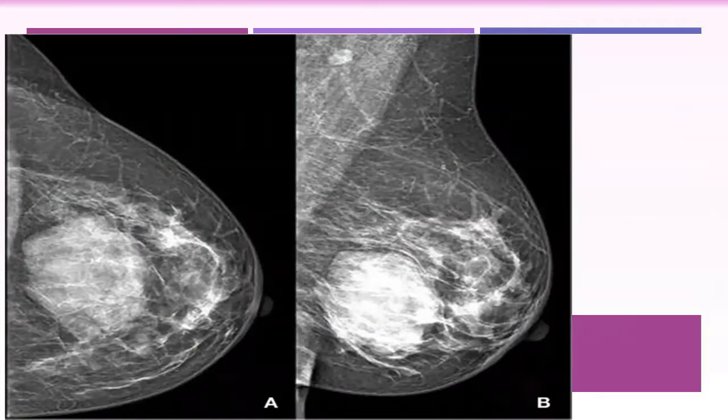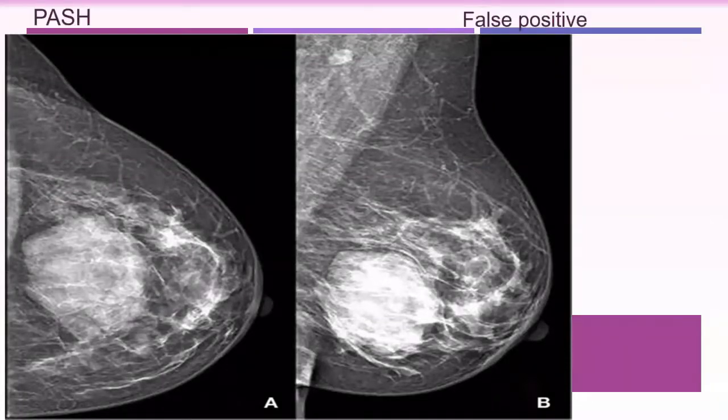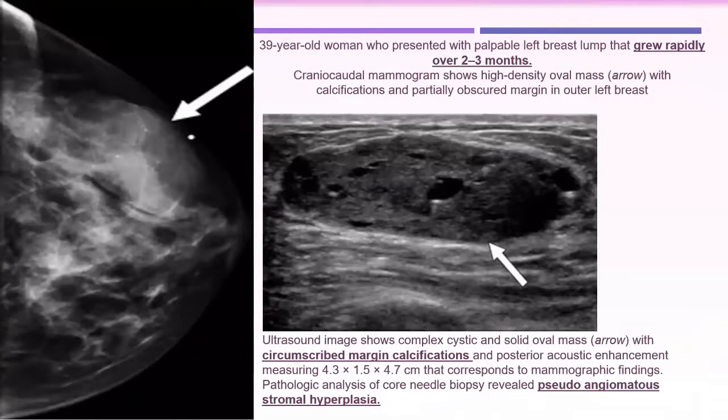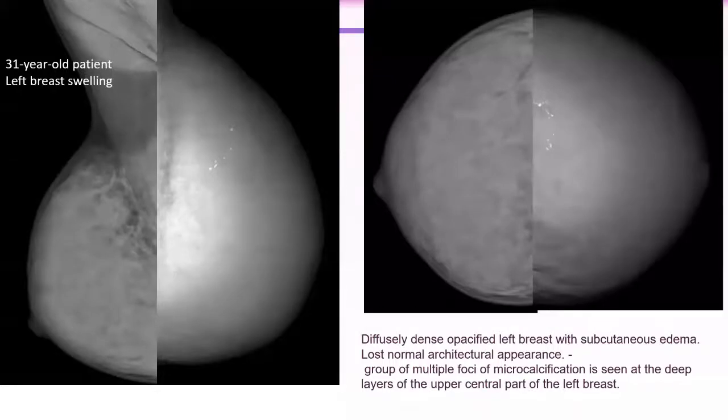This is an example of dense lesions, pseudoangiomatous stromal hyperplasia, you see, and this is another example here with microcalcification and cystic changes simulating complex fibroadenoma, also stromal hyperplasia. And what about these lesions?